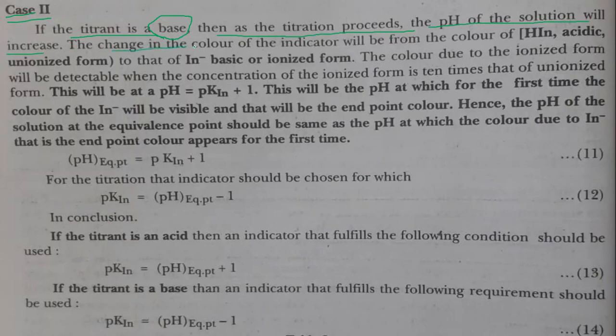The change in the color of the indicator will be from the color of unionized form, that is acidic form, to the ionized form, that is basic form. The color due to ionized form will be detectable, so you will notice it, as the pH is becoming basic. At that point you will get the change in color of the indicator, when the concentration of ionized form is 10 times that of unionized form.